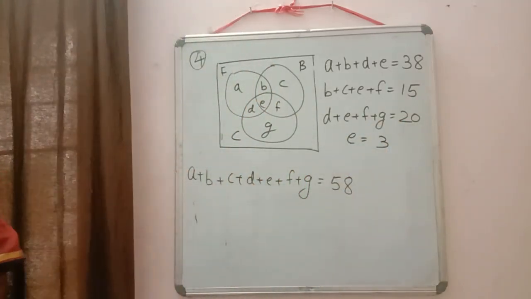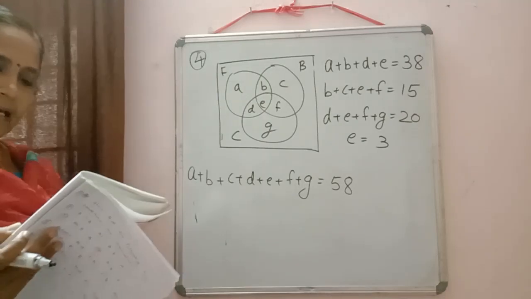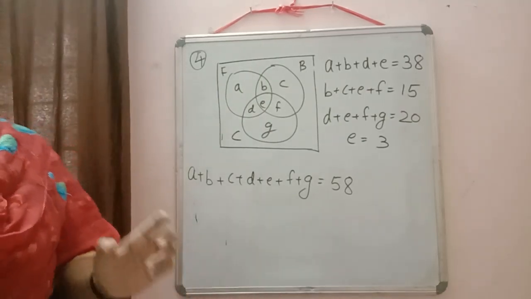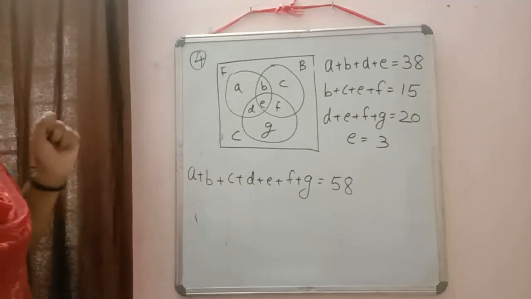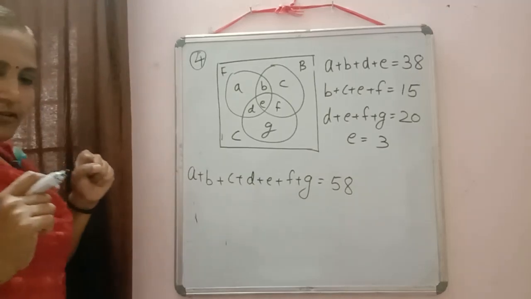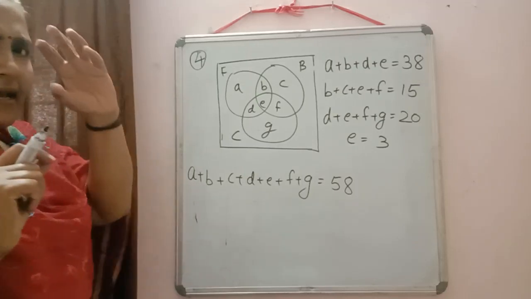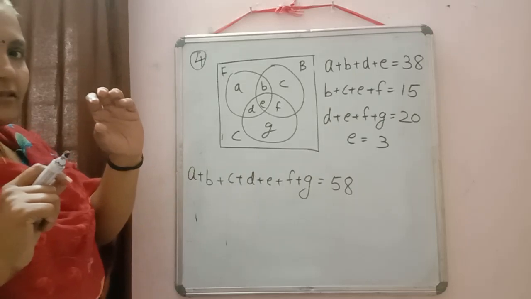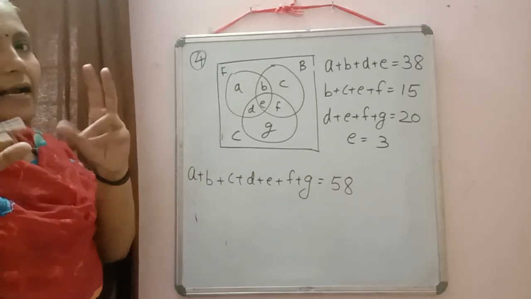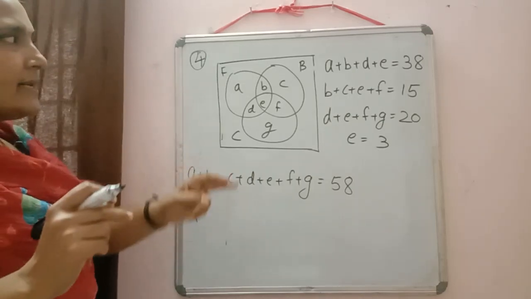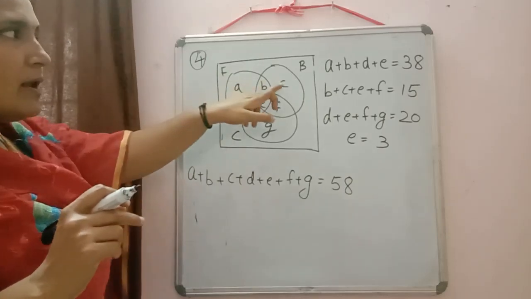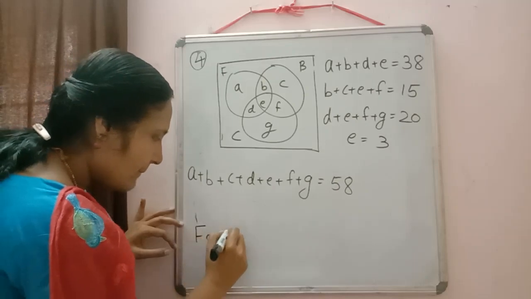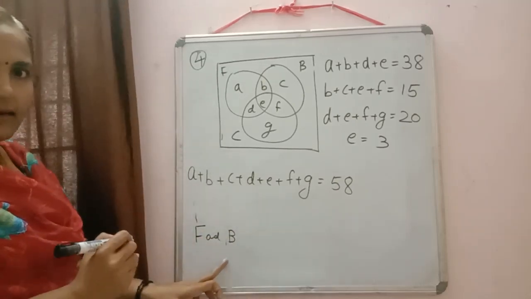The question is, you have to find out how many received medals in exactly 2 of the 3 sports. First I will explain what this means. We have to find the number of persons who got medals in exactly 2 sports. Either that can be football and basketball, one possibility, correct?